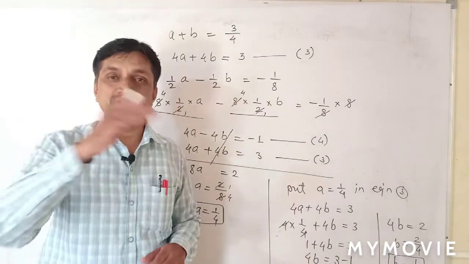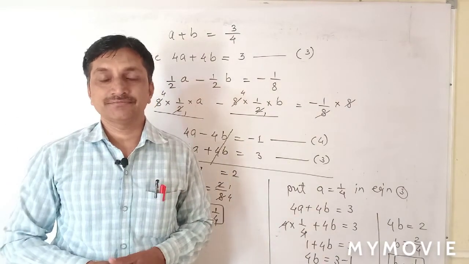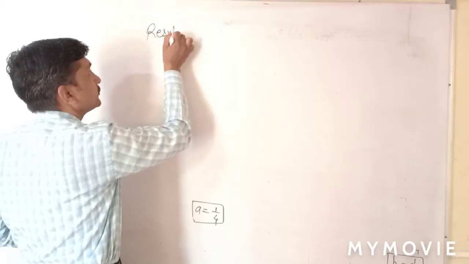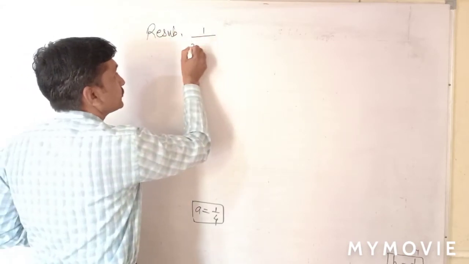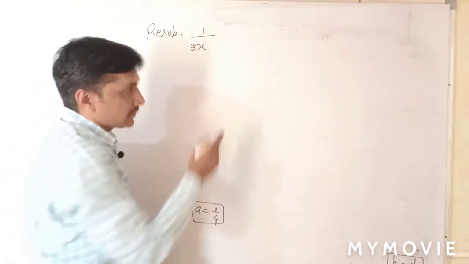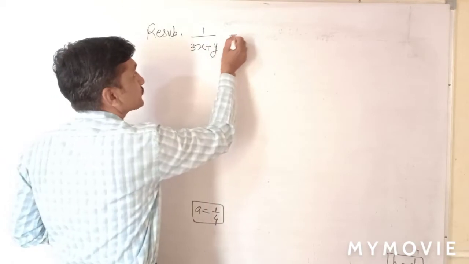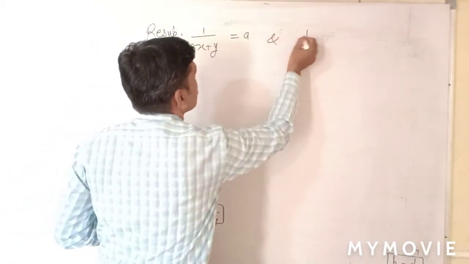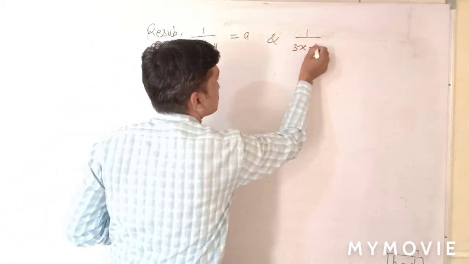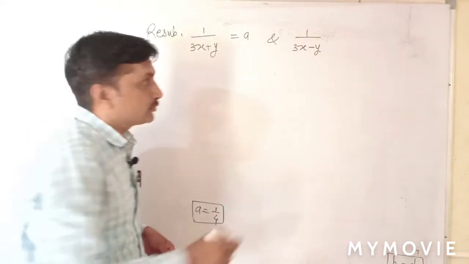Now we have to resubstitute these values to find x and y. Resubstitute: 1 upon 3x plus y is equal to a, and 1 upon 3x minus y is equal to b.